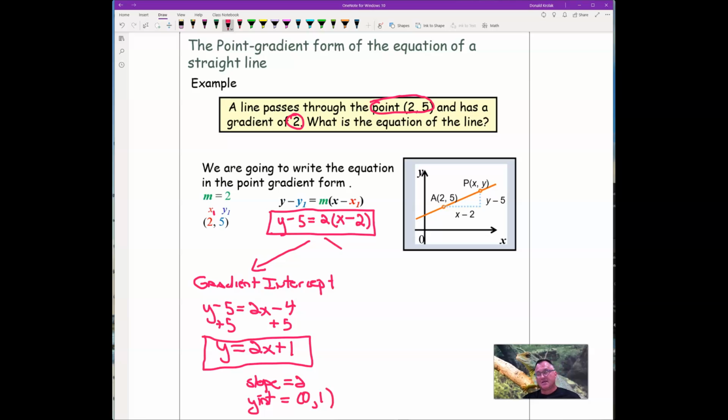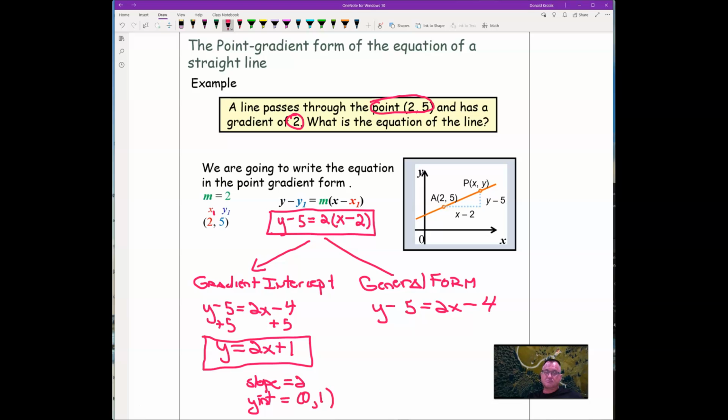Now, if I wanted to take this and write it in general form, I just get everything on one side. So I'm going to do the same thing, distribute, and move everything over. I can either move these two to the right or these two to the left. Doesn't matter.